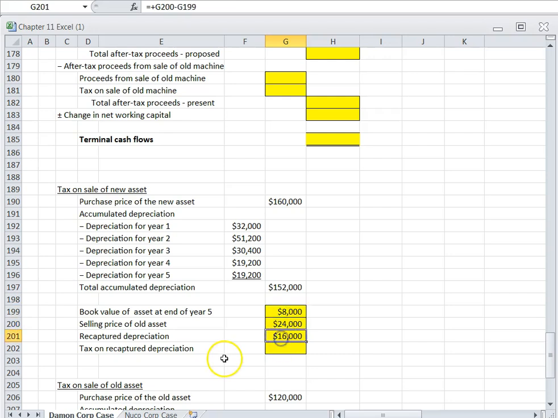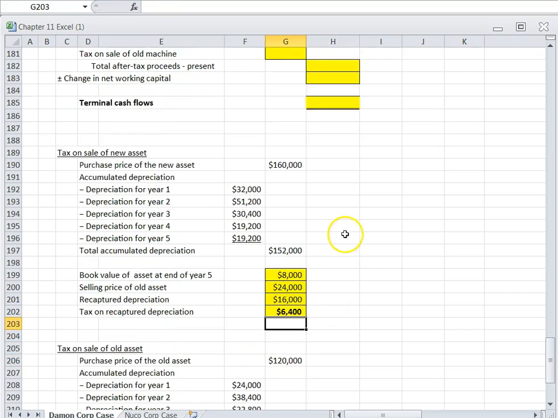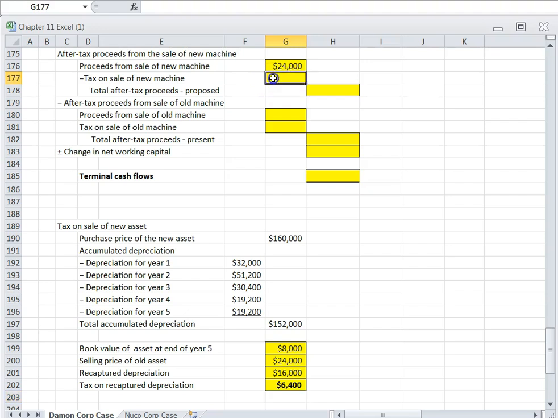That means we're recapturing $16,000 of the depreciation, and that's the part we're going to pay tax on. So we're going to pay tax on that depreciation. Okay, so now that we completed that little schedule, when it says the tax on the machine, we can put this in here. Okay, so the total after-tax proceeds, so we take the sales minus the taxes, so this is going to be our proceeds after tax.